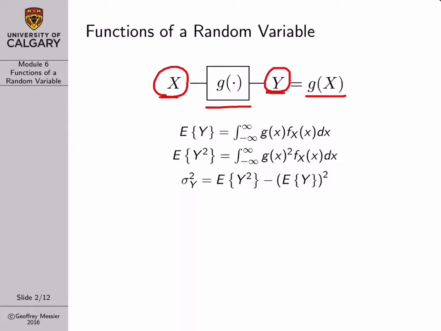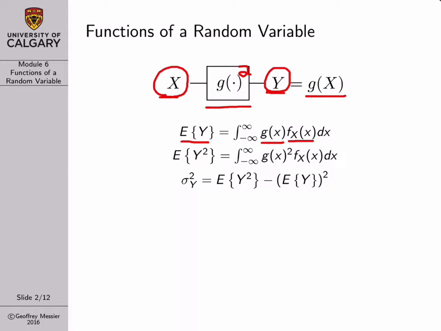We know that the mean of y is the integral of the PDF of x, our input, multiplied by the function g. If we want the mean of the squared value of y, that squaring operator is just a modification of the function. It's almost like we do this to our system.